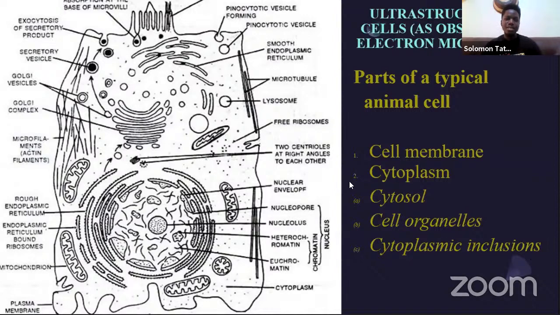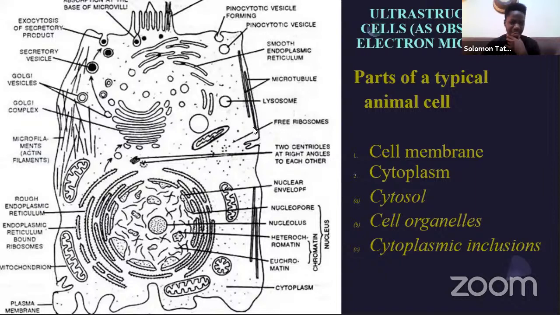Those are generally the parts of a typical animal cell. In case you observe a cell and it has one of these missing, for example, if it doesn't have the cell membrane or it has something else instead, that wouldn't be an animal cell.